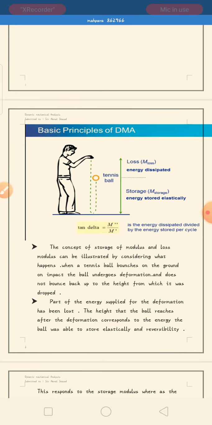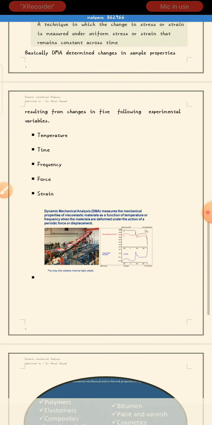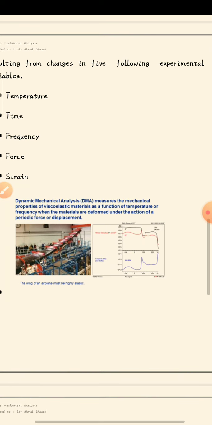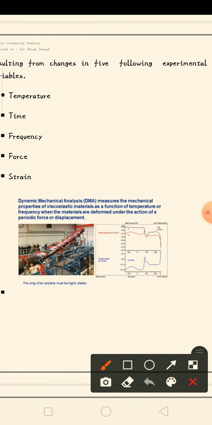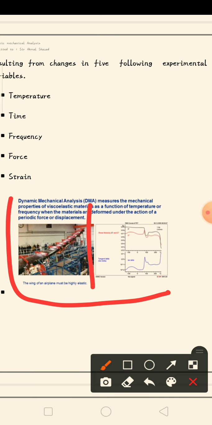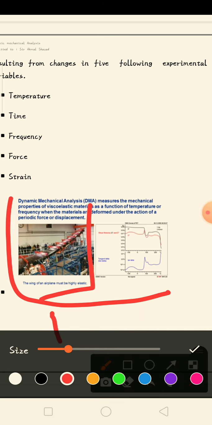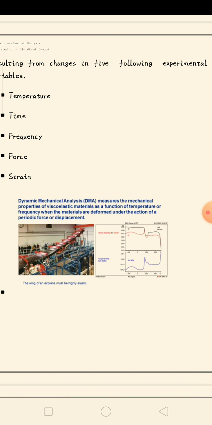Firstly, I will discuss this slide to clarify the concepts of dynamic mechanical analysis. The picture on the left side of the slide shows the wing of an airplane undergoing a quality test.